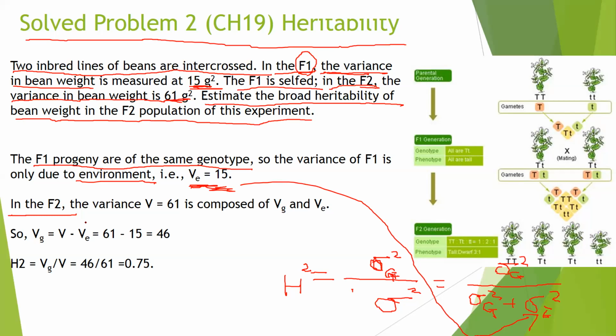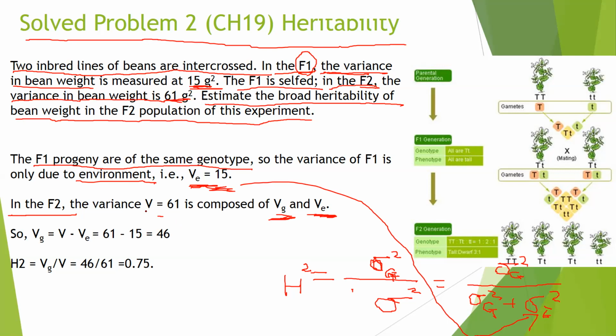When we look at a single gene, in F2 we could have big R big R, big R small r, and we can also have small r small r. So the phenotypic variation in the F2 progeny actually came from two sources. One is genetic difference, and the other is environmental factors, right?